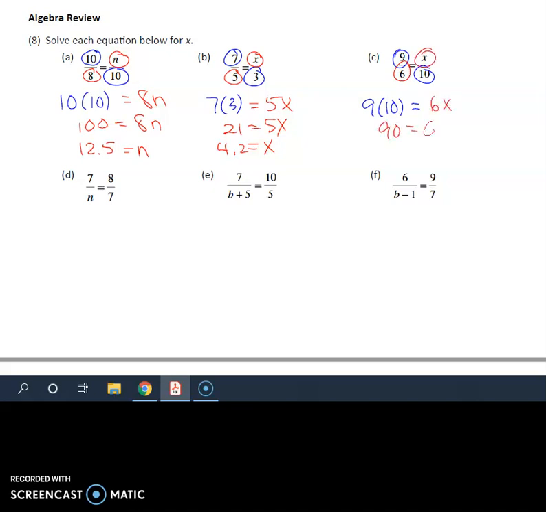So 90 is equal to 6x, and if we divide by 6, we get 15. In problem D, we're going to multiply the 2 7s, and multiply 8 and n. So 7 times 7 is 49, and then we divide both sides by 8, and we end up with 6.125, I believe.